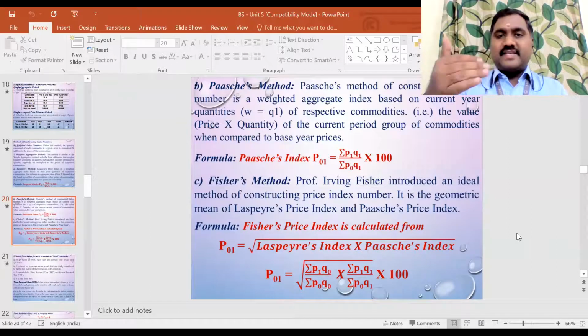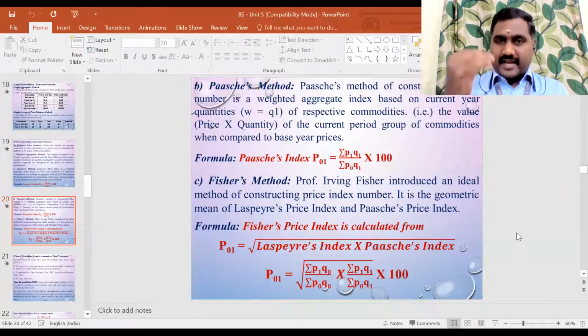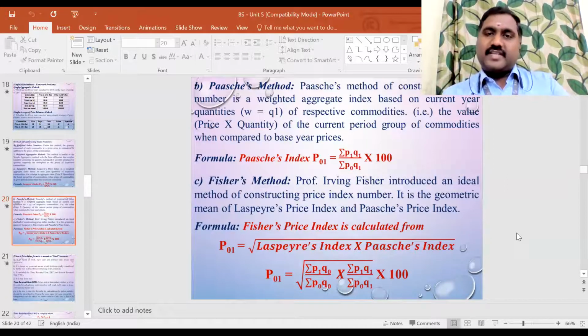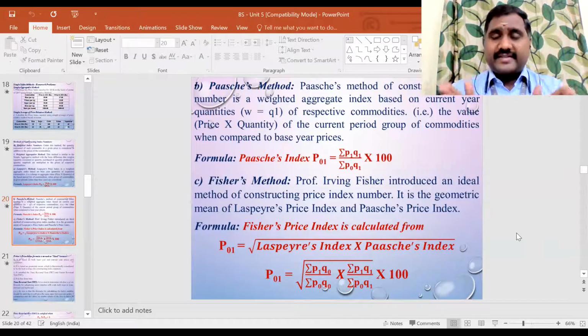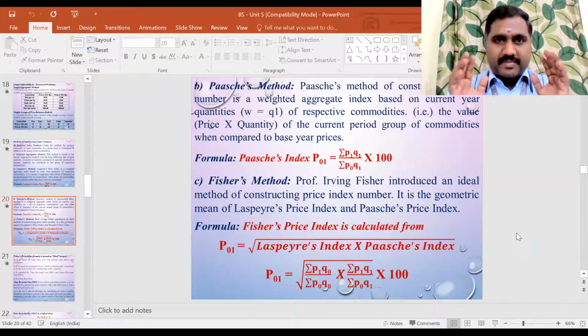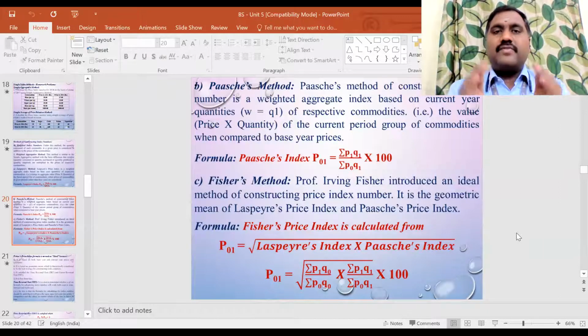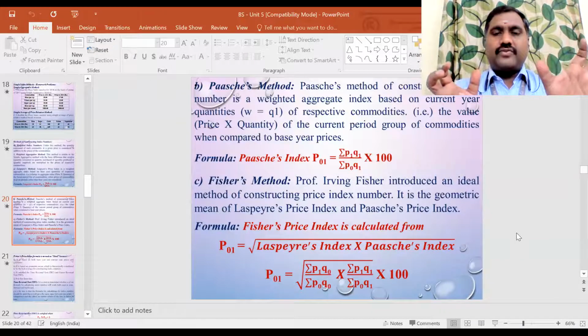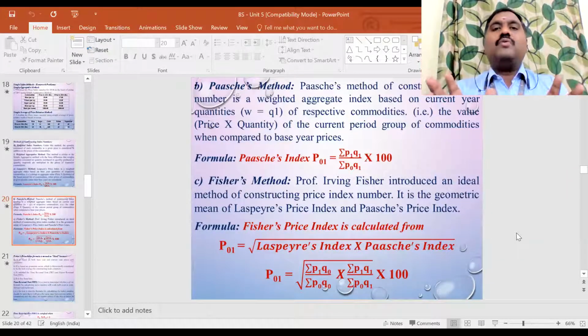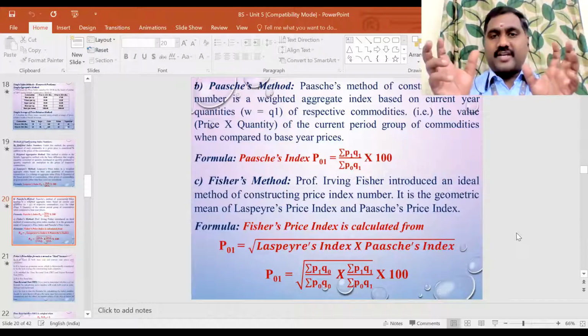So the recent, highest year should be the current year, and the oldest year is the base year. Don't expect that every problem will give the terms base year and current year. Sometimes instead of the particular term, they will give the year, like 2014, 2019, 2010. You have to identify which is the base year and which is the current year.